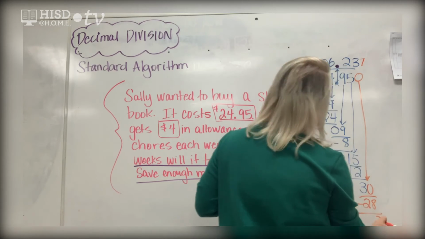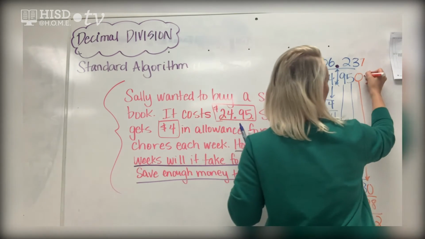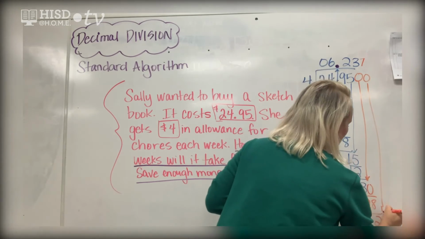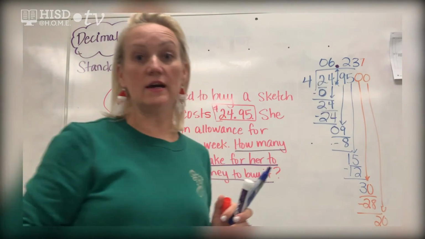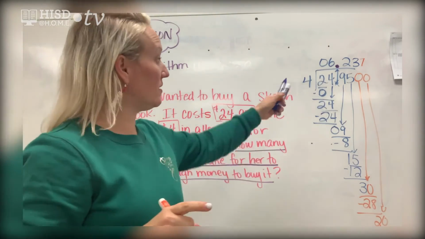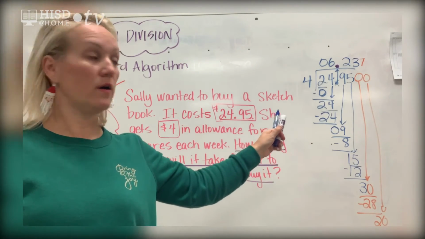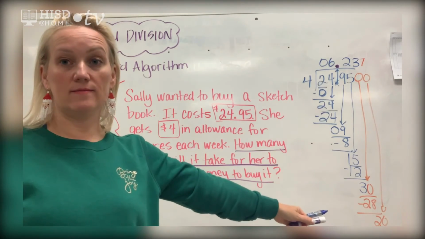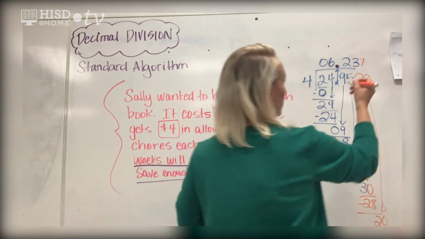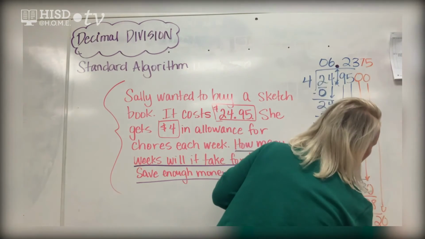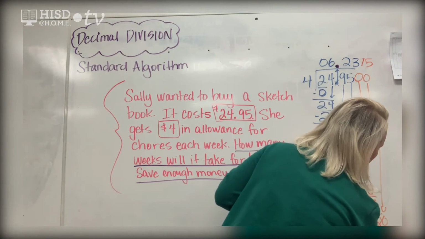Now I have 2. I can add another 0. Now I have a 20. A 20 is good because I have equal groups. How many groups of 4 go into 20? 5 groups of 4 go into 20.